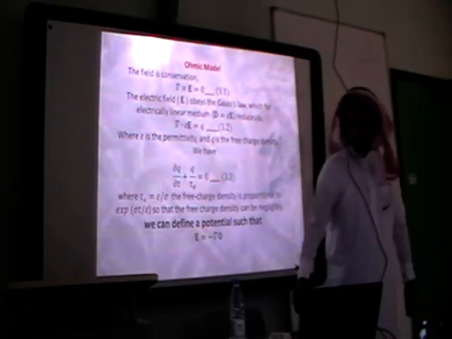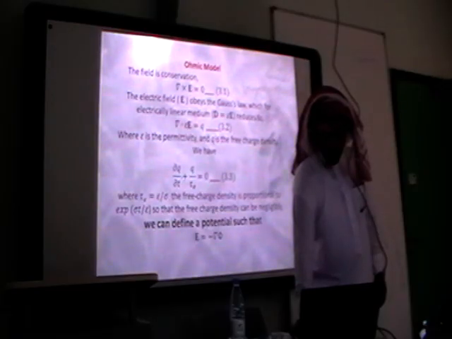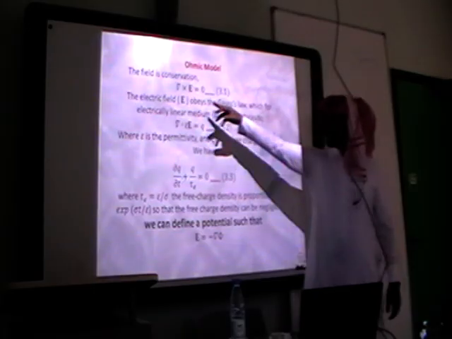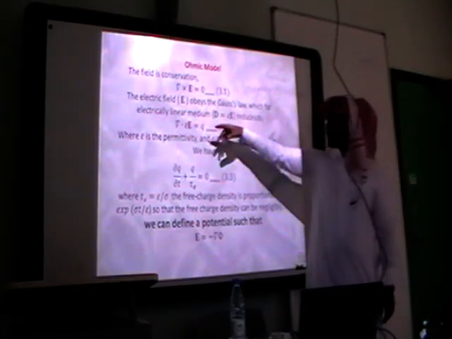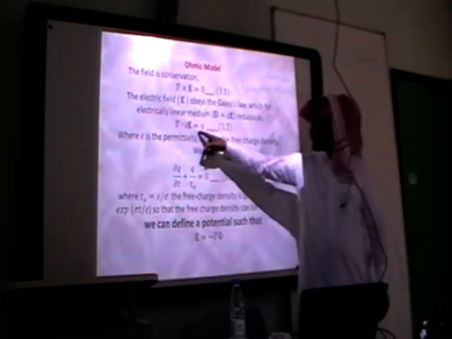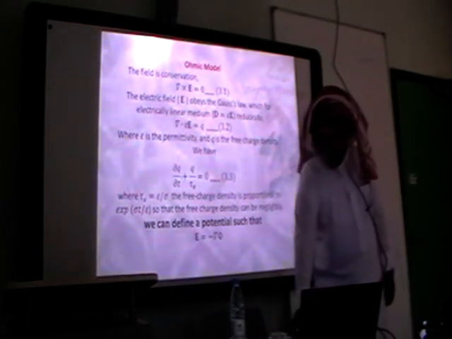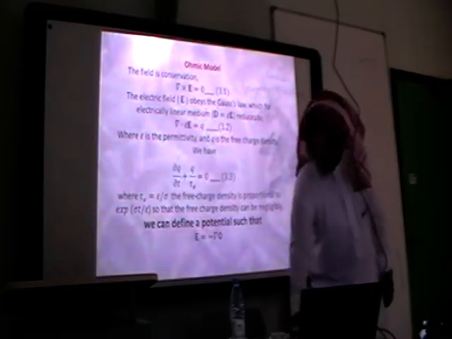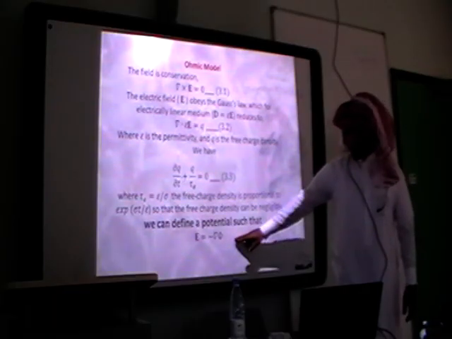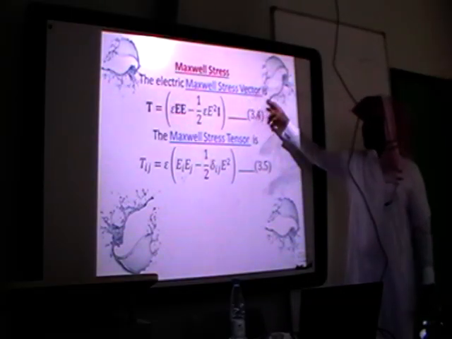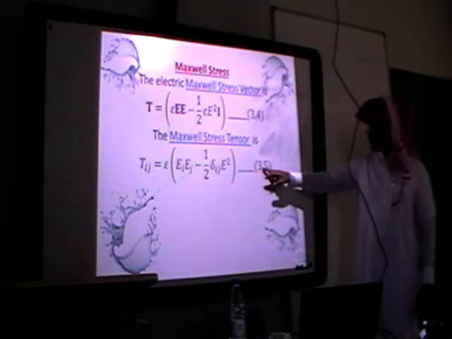This fluid is conservative. Curl E equals 0, and here divergence of epsilon E equals Q. We can define the potential such that E equals minus gradient phi. The Maxwell stress tensor is given in vector form and in tensor form.